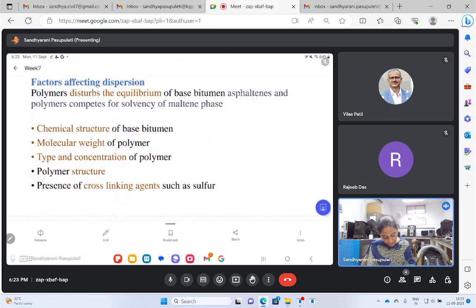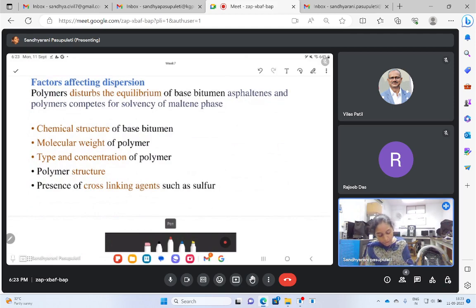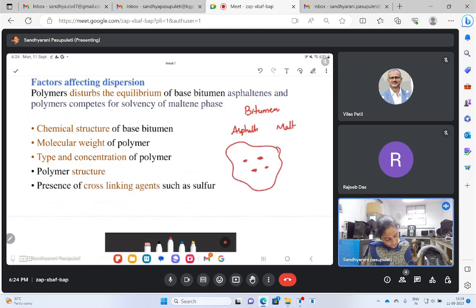So let us say I have started adding this polymer so that I want to modify the existing bitumen. The main problem is that the existing bitumen, which is unmodified bitumen, we know already has asphaltenes and also maltenes. Maltenes is a liquid in which asphaltenes are dispersed.